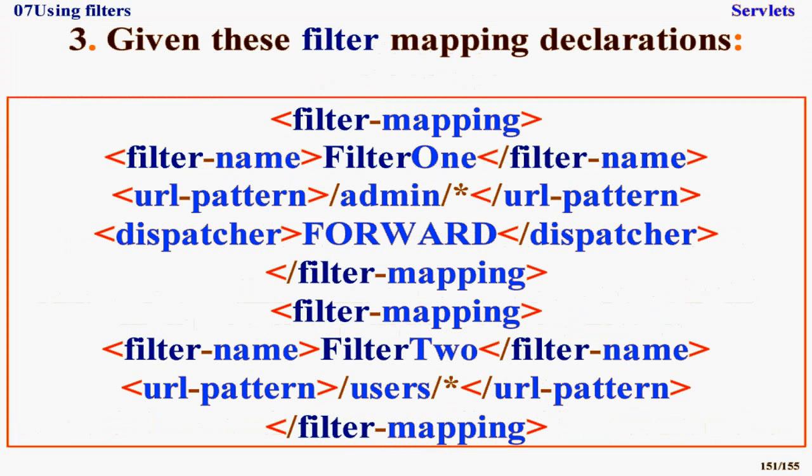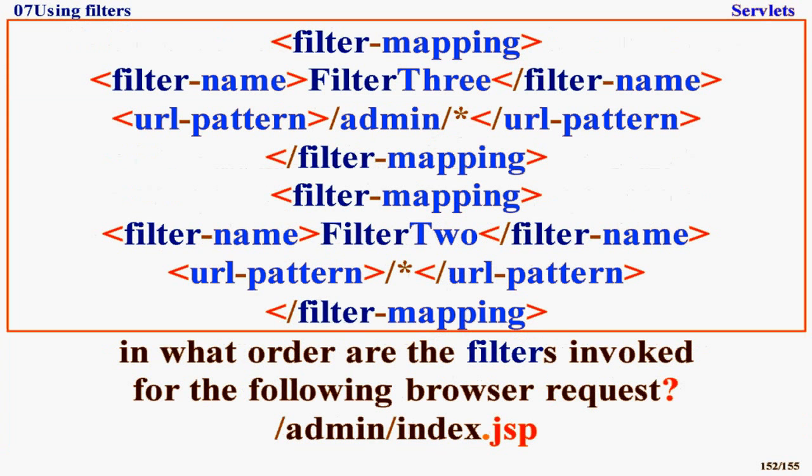3. Given these filter mapping declarations: filter mapping, filter name FilterOne, URL pattern admin, dispatcher forward; filter mapping, filter name Filter2, URL pattern users; filter mapping, filter name Filter3, URL pattern admin; filter mapping, filter name Filter2, URL pattern admin.